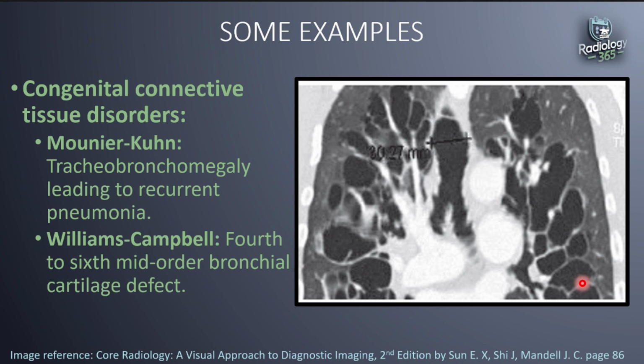And in this image, we see tracheal dilation. The calipers that are here show it's up to 3 centimeters in diameter. And we also see severe cystic bronchiectasis. This is very severe bronchiectatic change in a case of Mounier-Kuhn disease.